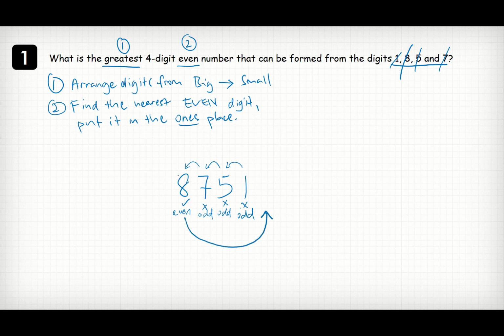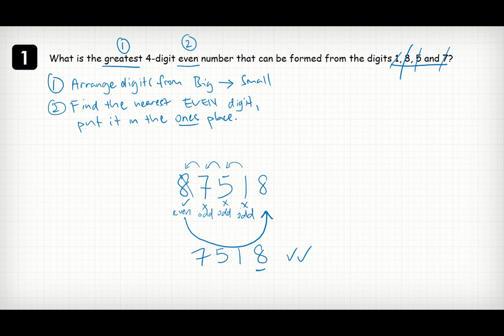And when you do so, take this out, write it over here. And my answer will be 7, 5, 1, and 8. Check it, it will be correct. How can I check that it's correct? Now, I have one even digit, I put it over here, 8.